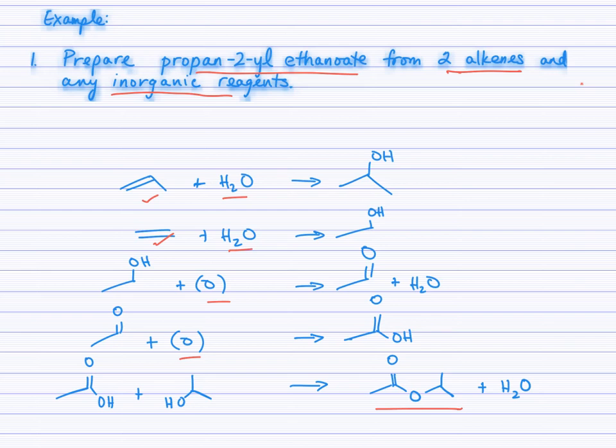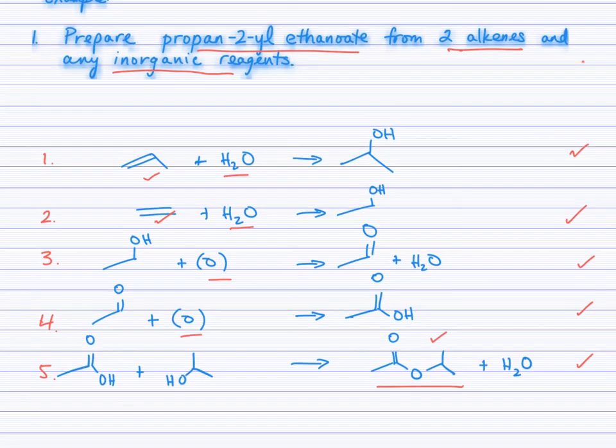So there'll be 1 mark for drawing the structure correctly, and then 1 mark for each reaction in order. And so this question would comprise 6 marks. This is the 1st reaction, 2nd, 3rd, 4th, and 5th. Okay, let's move on to the 2nd example.